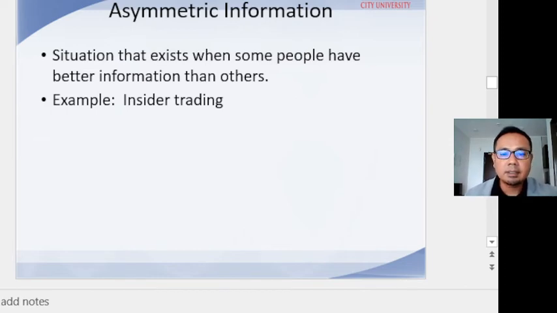For this reason, there are laws that restrict persons with privileged information about a firm from buying shares of the firm's stock. Asymmetric information between consumers and the firm can also affect a firm's profit. For example, suppose a firm invests in developing a new product that it knows to be superior to existing products in the market.